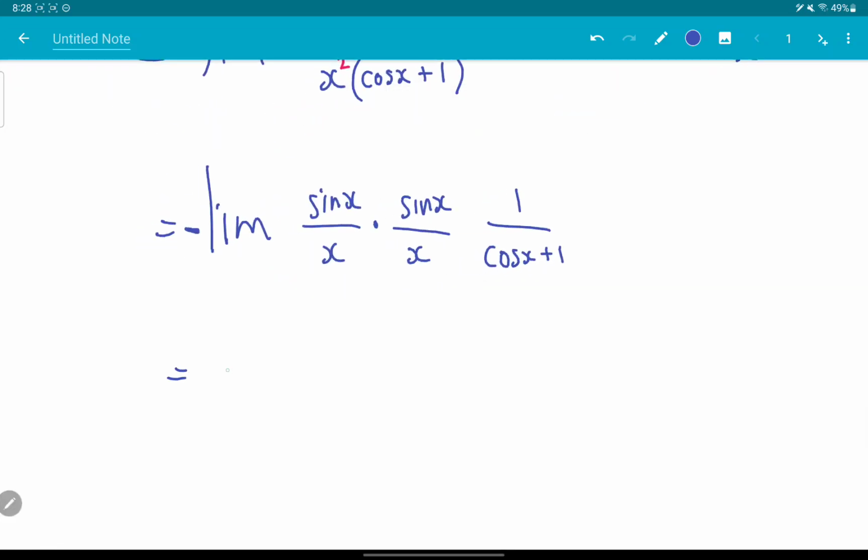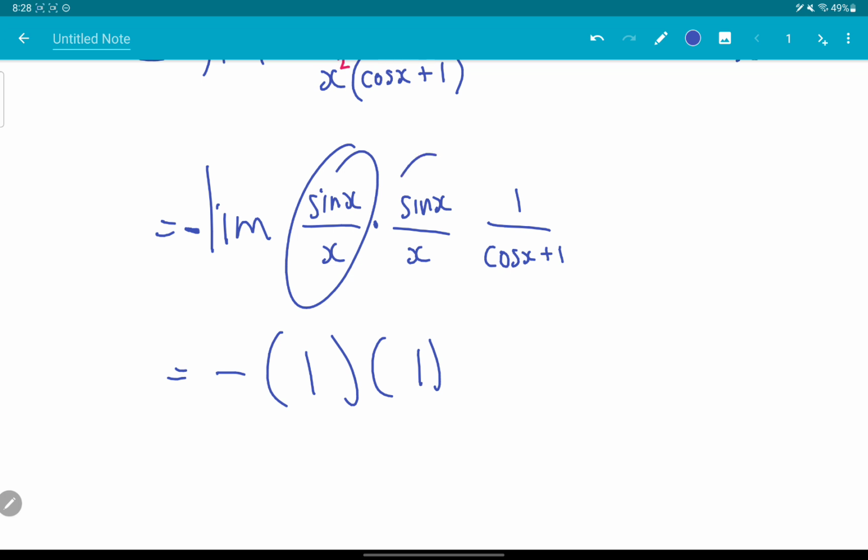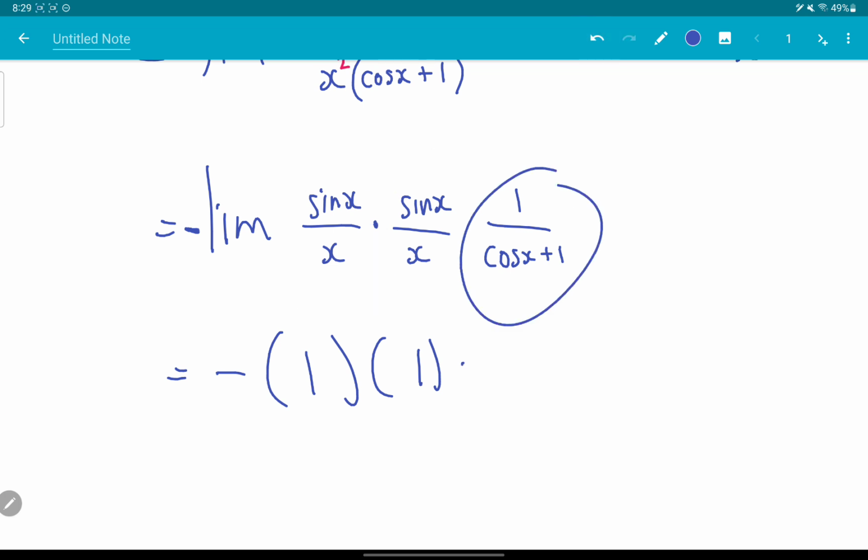Now we're in business. Now I can do my limit, right? So I got the minus, and then I got the two things here and here that are both going to 1. And then this is a fraction with a 2 on the bottom. So I get negative a half.